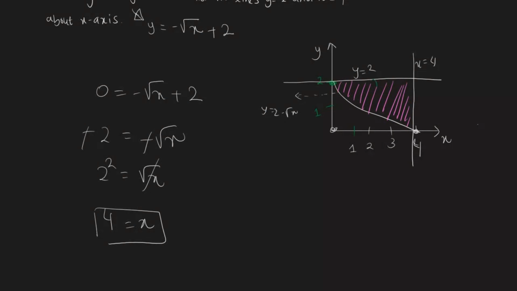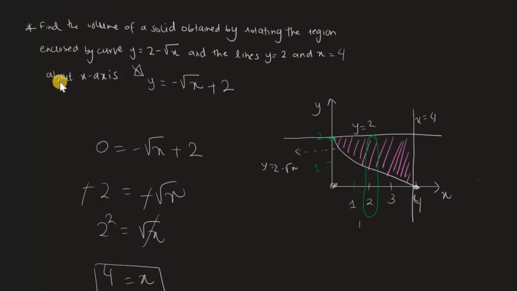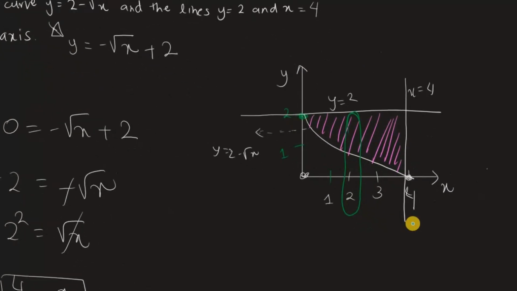So this is what it's gonna look like when you rotate it about the x-axis. You guys see that when you rotate this region about the x-axis, it's gonna eventually form this shape, right? So that's why we call it the washer method.